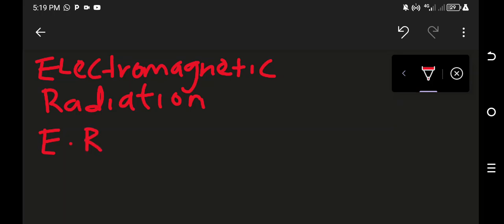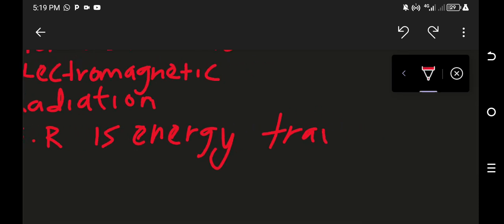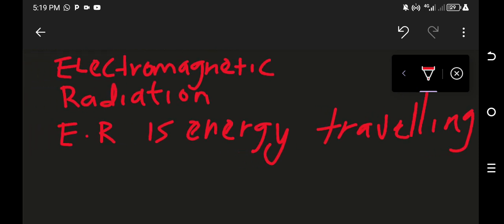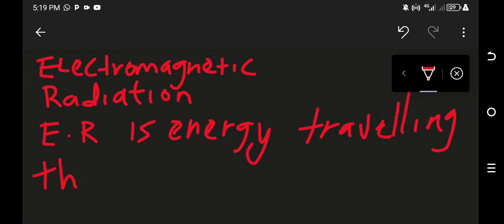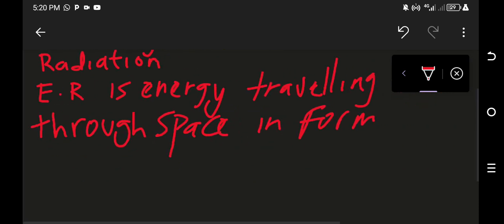Electromagnetic radiation is energy traveling through space in form of waves.